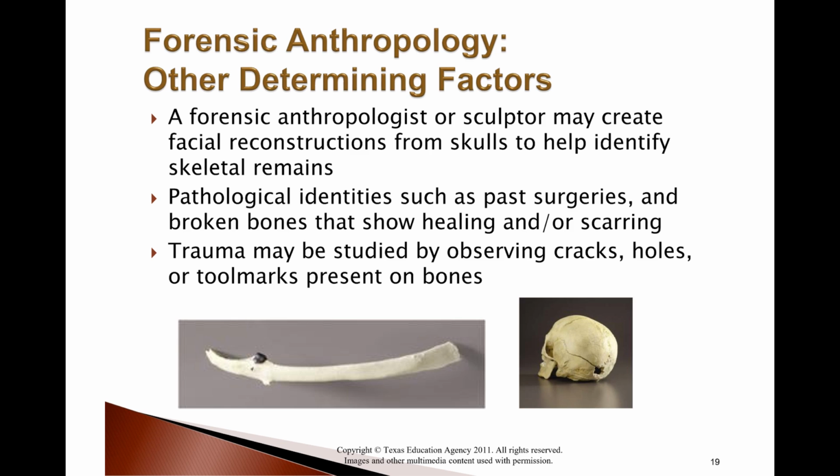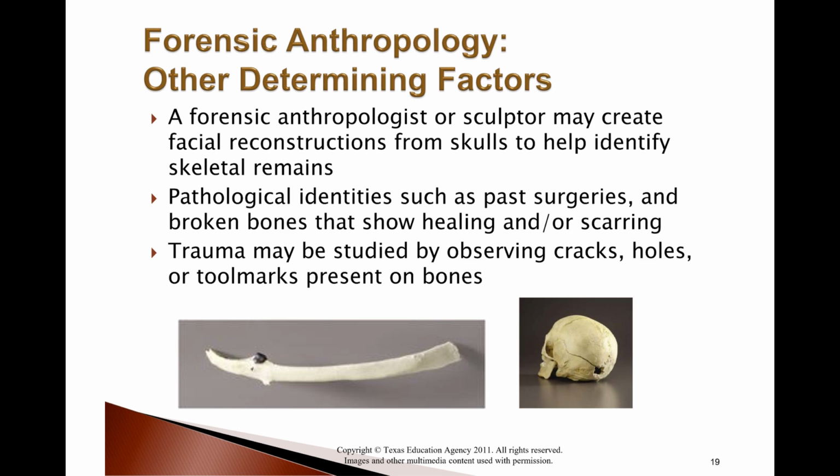So some other things that we can tell from the skeleton, normally it's not done just by the forensic anthropologist. One of the first things, if we get a skull, with the help of both the forensic anthropologist and a forensic artist, or sometimes a forensic sculptor, they may be able to recreate the facial features based on the skull.